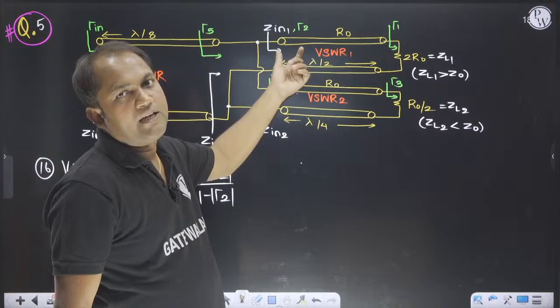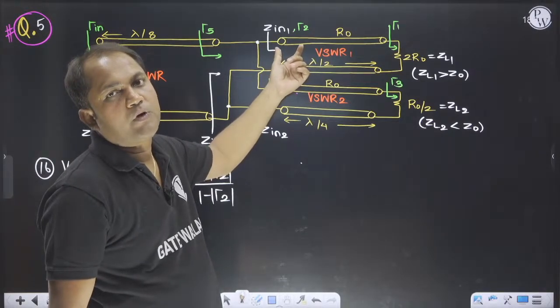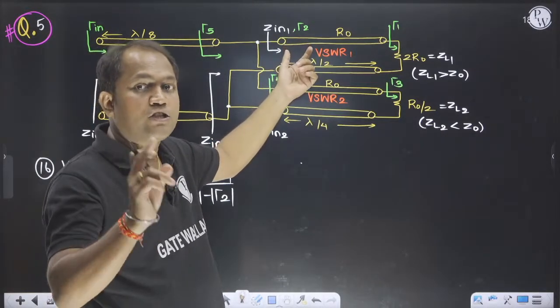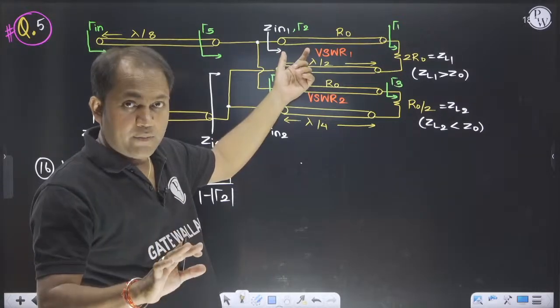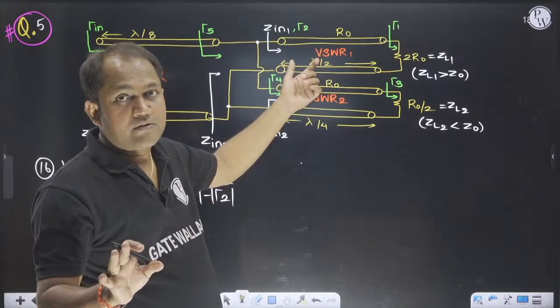Or you can apply it here also, because VSWR does not depend upon distance in a lossless transmission line. In a lossy transmission line it depends, but in a lossless transmission line it does not.